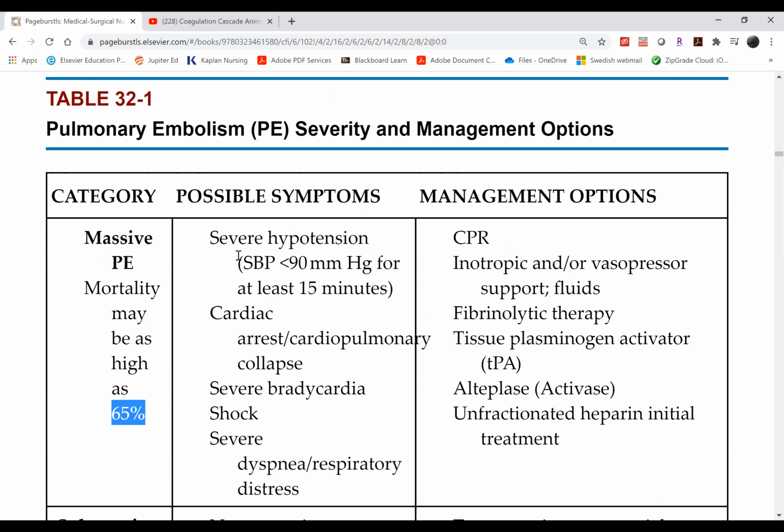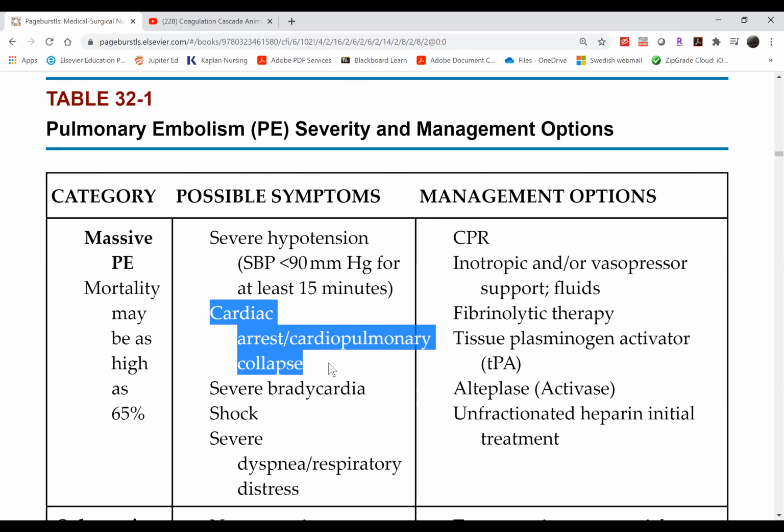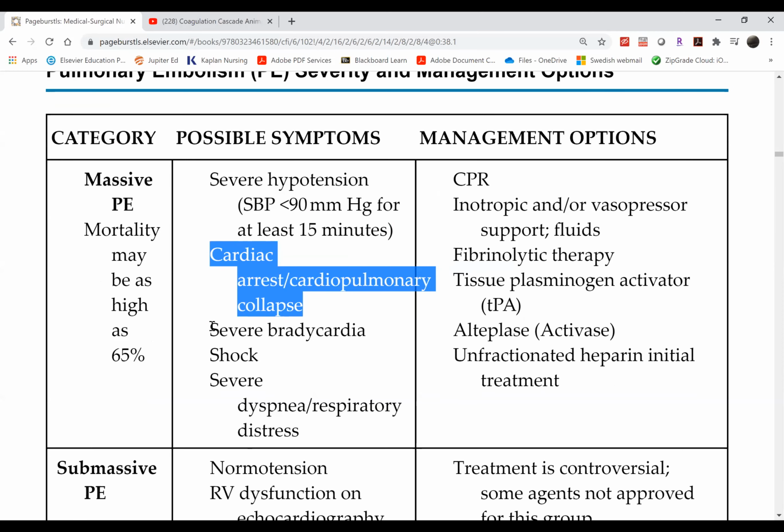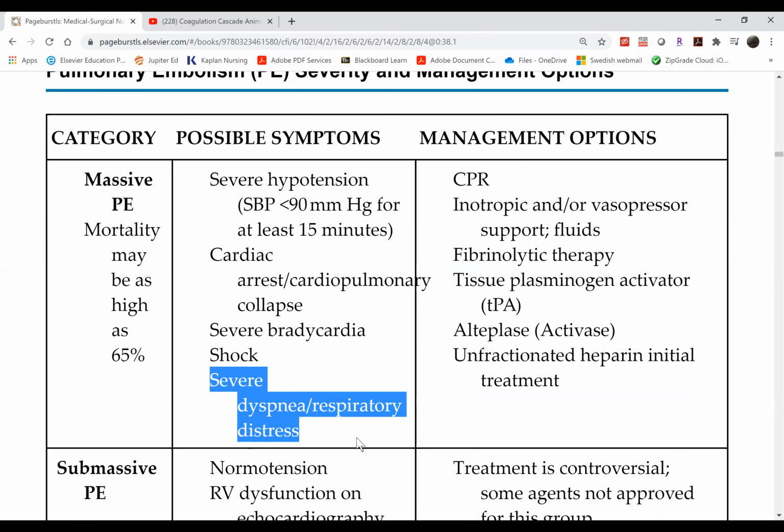That's why the patient will go into shock. When we go to chapter 37, this is one of the causes of obstructive shock. Because the patient goes into an acute right ventricular failure here, the patient could go into cardiac arrest. So there is now a new severe bradycardia. I already mentioned shock. And of course, this patient will go into respiratory failure at the same time.